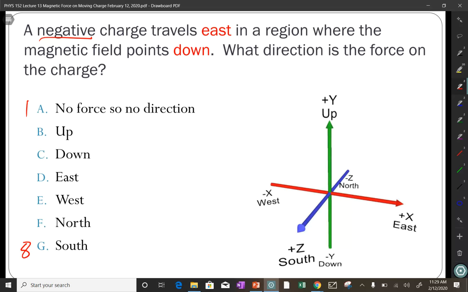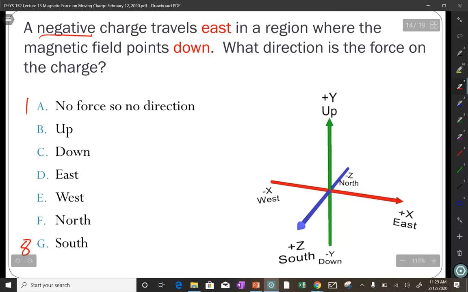Because the other one was north, and because it's a negative charge, so you have to reverse it. Okay, it's the same right-hand rule, so your thumb's going to point north. But because it's a negative charge, we have to reverse it to south. So it's important to pay attention to the charge. You don't just do the cross product, because you have the charge multiplied by that cross product.